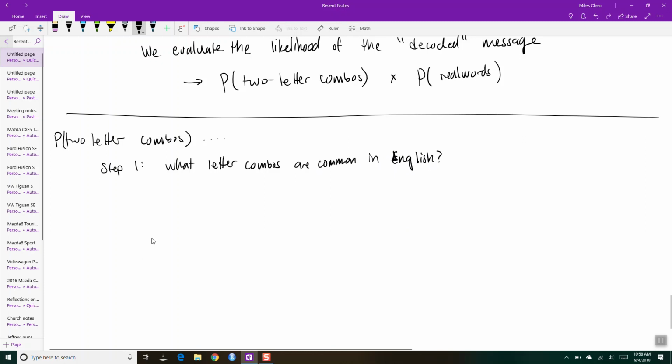So what we'll do is we will read a bunch of text, and in this case we use War and Peace. We'll use an English translation of War and Peace, I should say.